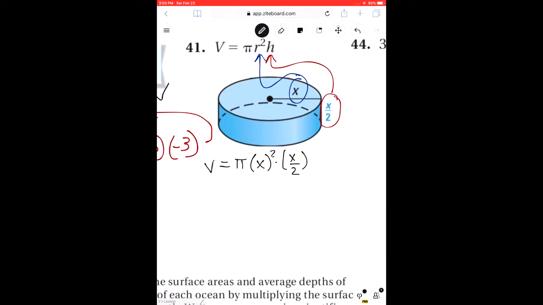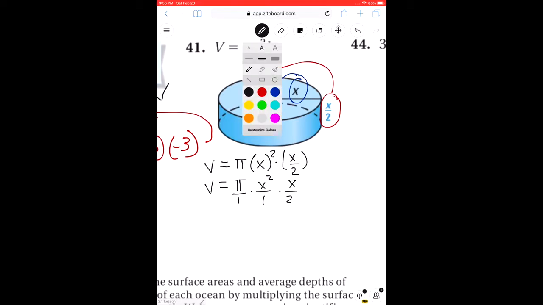So continuing on, we've got volume equals pi. Now I'm going to treat these all like fractions, so that way we can see exactly what we're doing. And we know that we can multiply fractions across. And we're going to go ahead and simplify using those rules. So the volume equals, we've got x squared times x, and there's a secret little 1 up there.